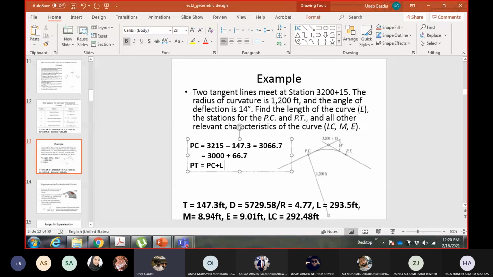So, the station is 3066.7, which is a PC, and the length is 293.5. Give me the station of PT. 3360.2.